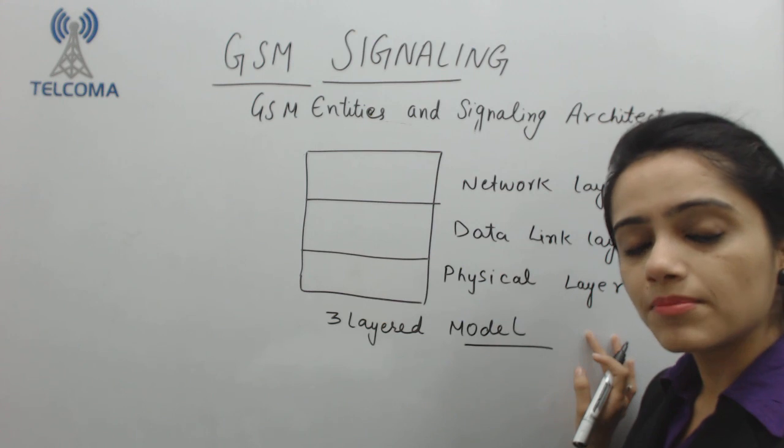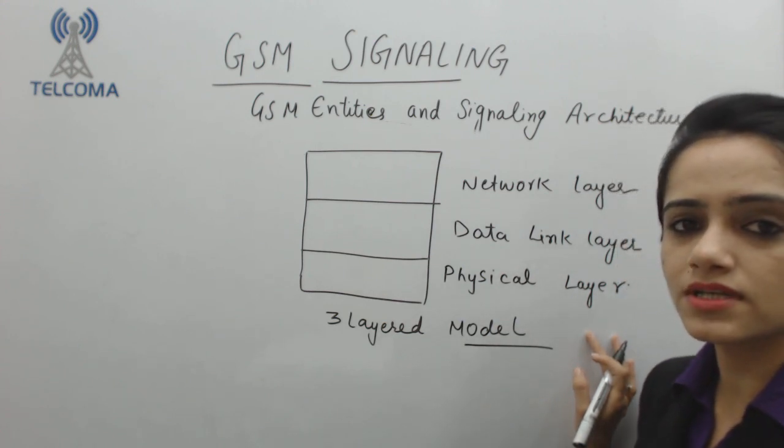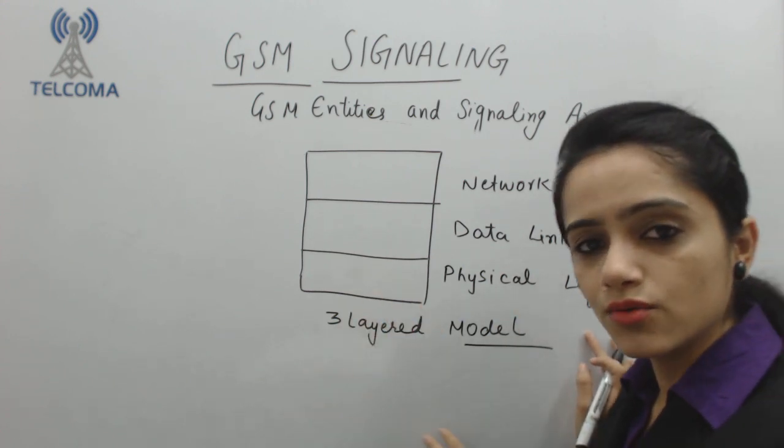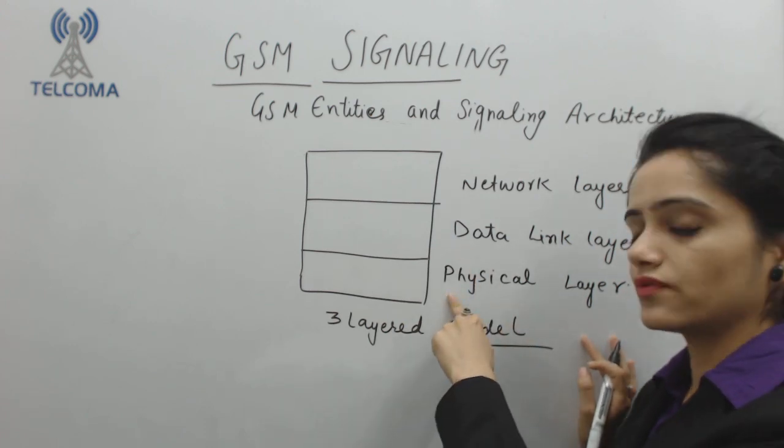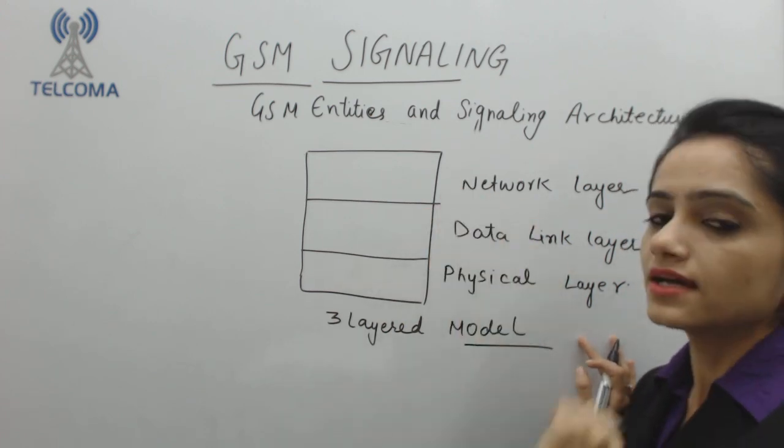Session, presentation and application, which are for encryption and the application part, are not used in this. We are using only the 3-layer structure, starting with physical, data link and network layer.